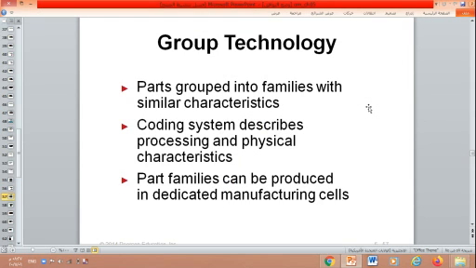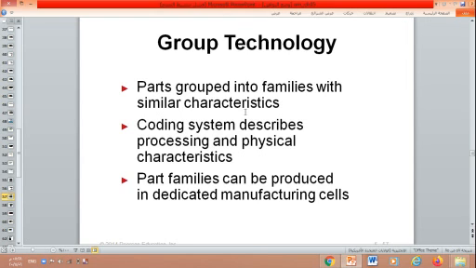Group technology means grouping parts into families with similar characteristics. The organizations group the parts which have similar characteristics into one group, whether produced by the same organization or acquired from different suppliers.